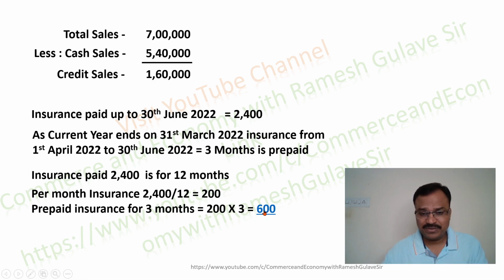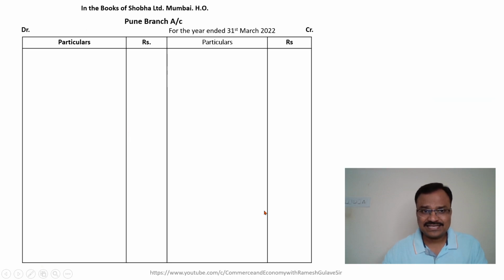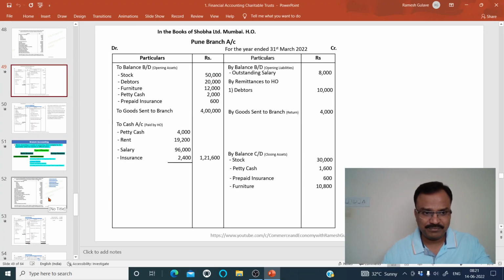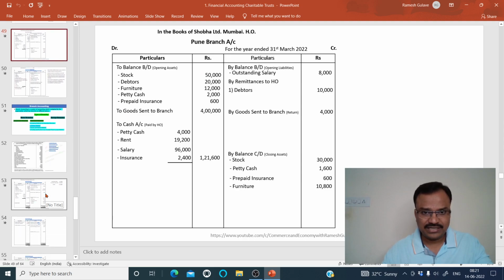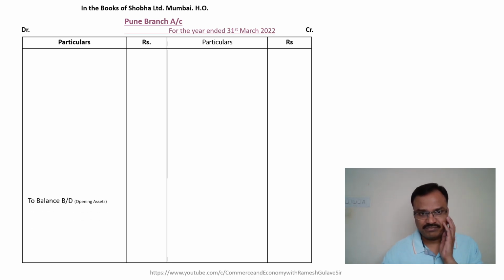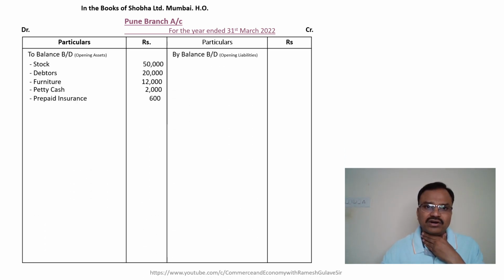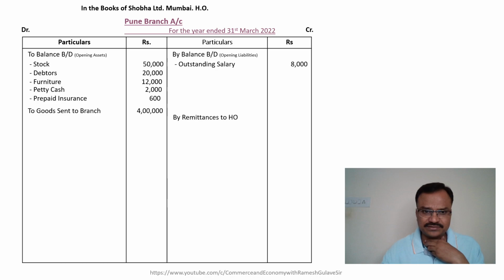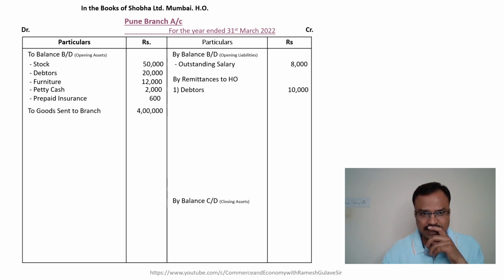And we know that prepaid insurance is basically an asset, right? Prepaid insurance is an asset. So we are going to record this amount of prepaid insurance in the branch account. In the branch account, we have recorded opening balances, then debtors are recorded.